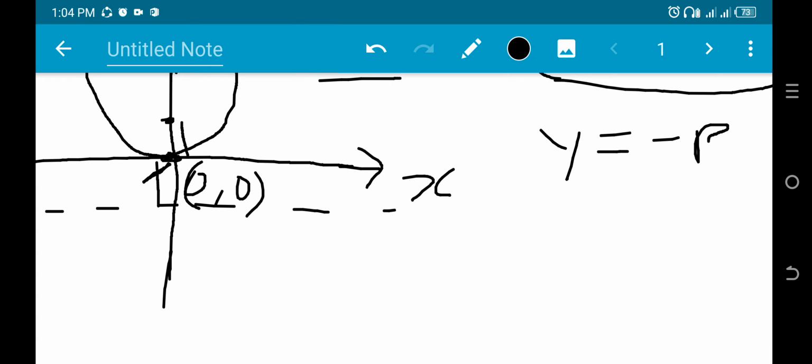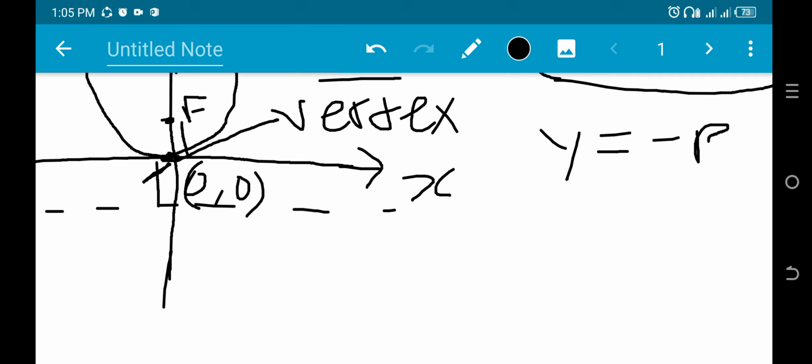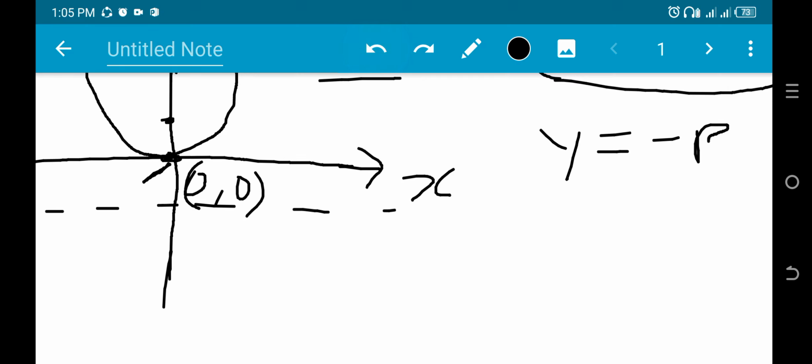It is the same distance. This point is also called the vertex. So from the vertex to the focus, and from the vertex to the directrix, it covers the same distance.